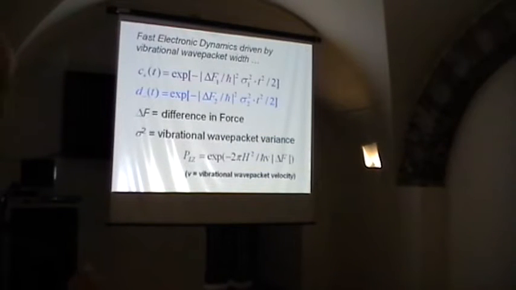And you can put together the decay of these things in a fairly simple form using this t-squared dependence. The critical parts are the difference in force and the variance of the vibrational wave packet along the derivative coupling coordinate and along the detuning coordinate, respectively, for causing a decay of the total measure of dephasing.